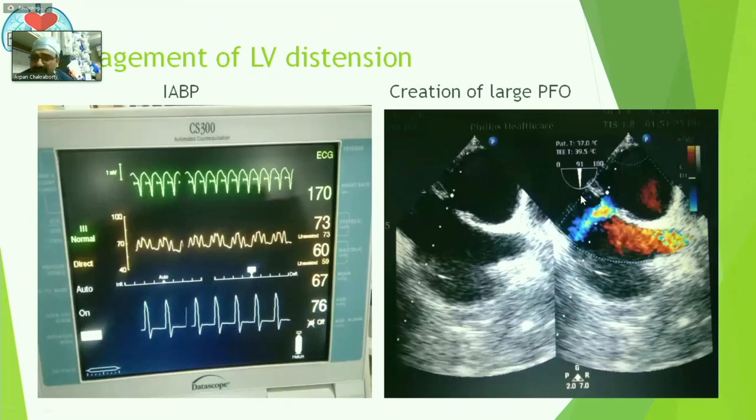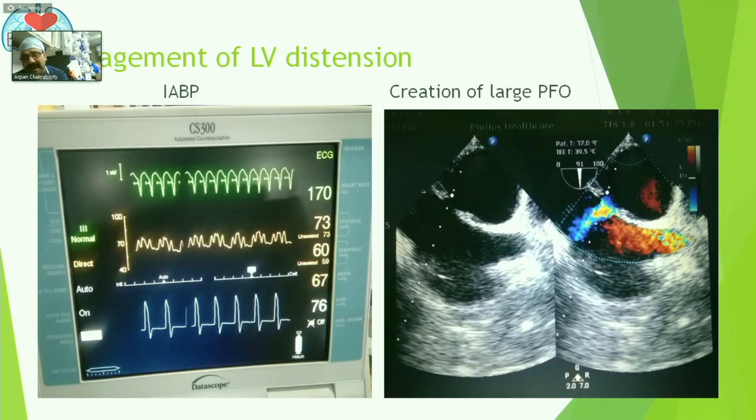Most commonly what we use is the IABP, intra-aortic balloon pump. It gives some amount of pulsatility, some amount of aortic valve opening, so that the LV gets some decompression. That is the most common thing we do. But many times we have also created a large PFO as soon as the LA hypertension is high.